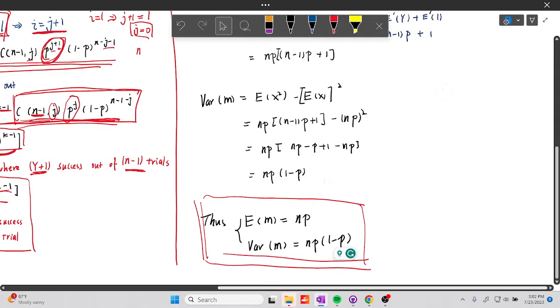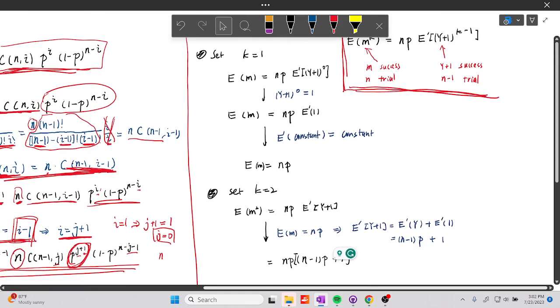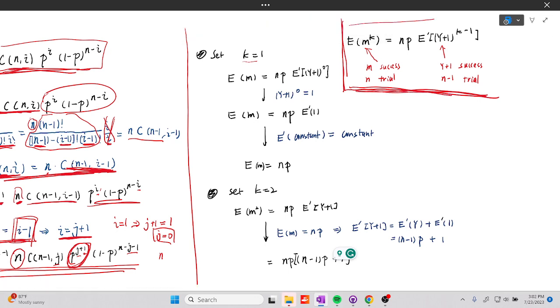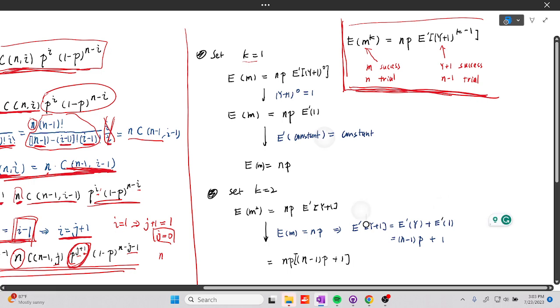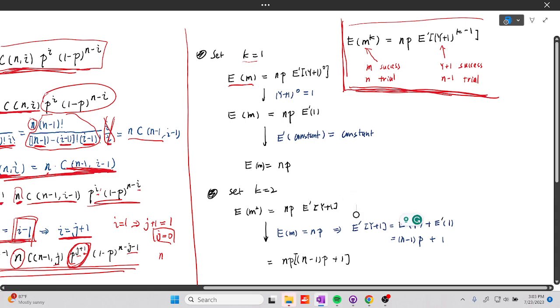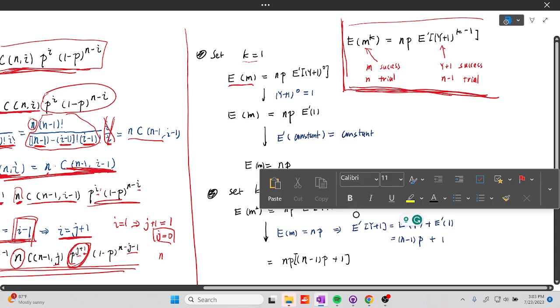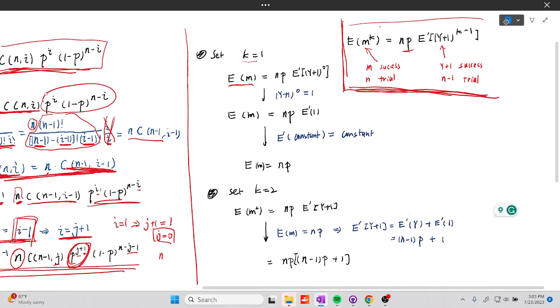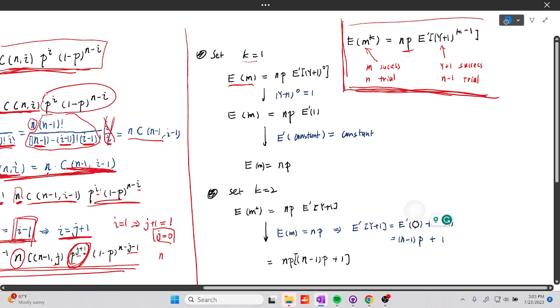Let's plug in k equal to 1. For convenience, we're going to have it here. So k equals 1, plug it back in: E[m] equals np E prime of (j plus 1) to the 0 power.